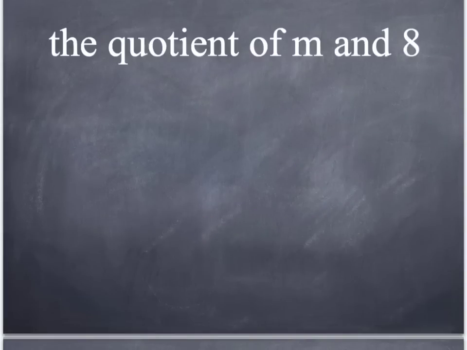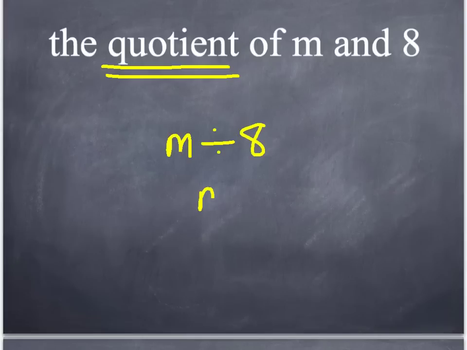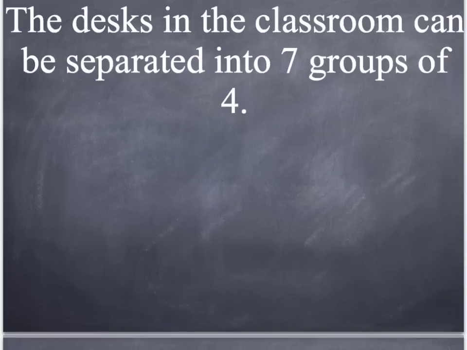Here we have another expression because we don't have is anywhere in our statement. So the quotient, that's going to indicate division of m and n. So m divided by 8, or we could do m over 8. In this problem, the desks in the classroom can be separated into 7 groups of 4.